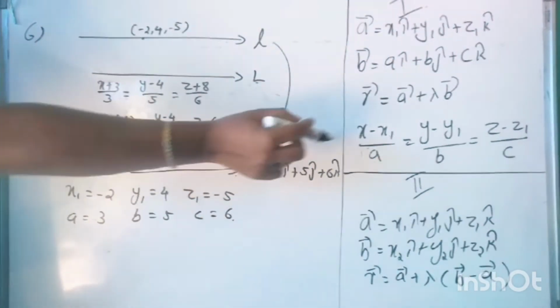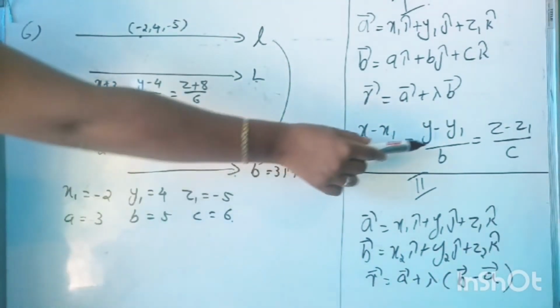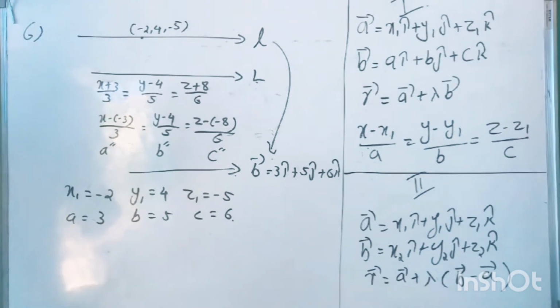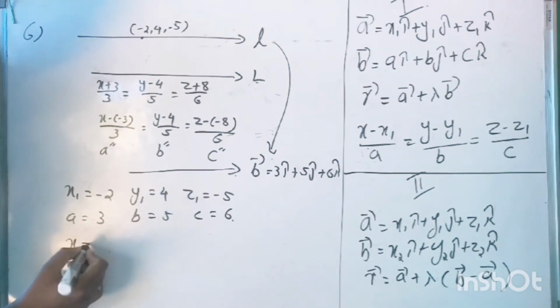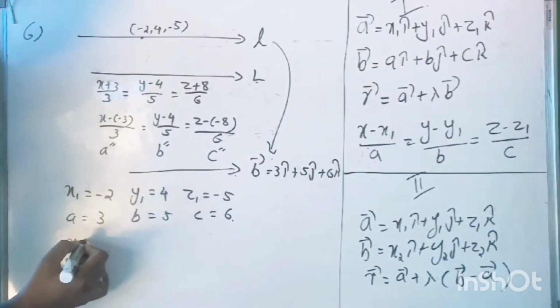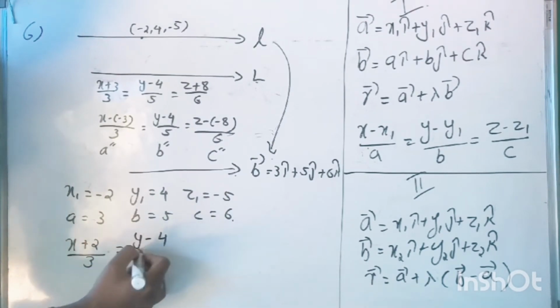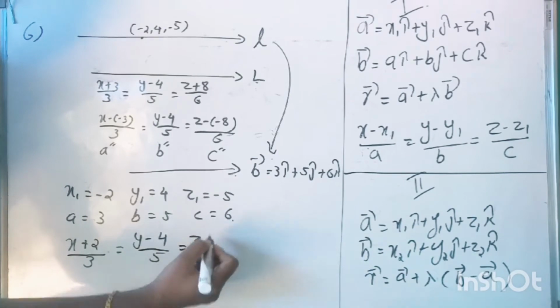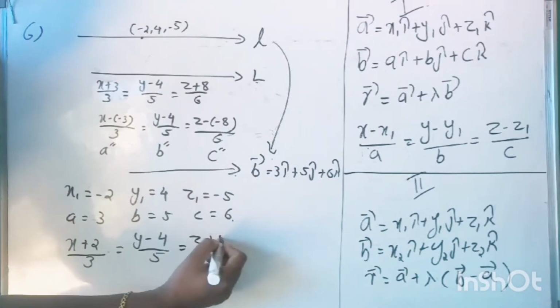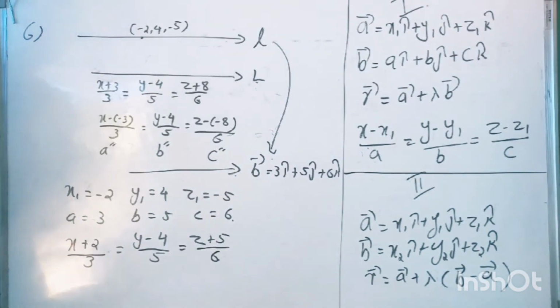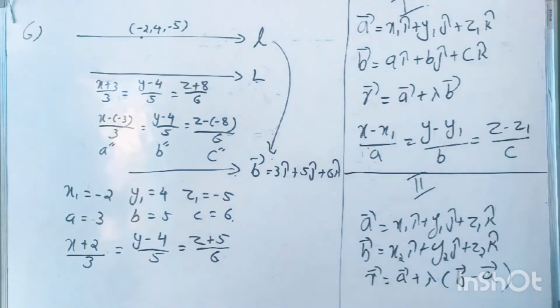Then the Cartesian form is (x minus x1) by A is equal to (y minus y1) by B is equal to (z minus z1) by C. So x minus -2 will come, that is (x plus 2) by 3 is equal to (y minus 4) by 5 is equal to (z minus -5), that is (z plus 5) divided by 6.